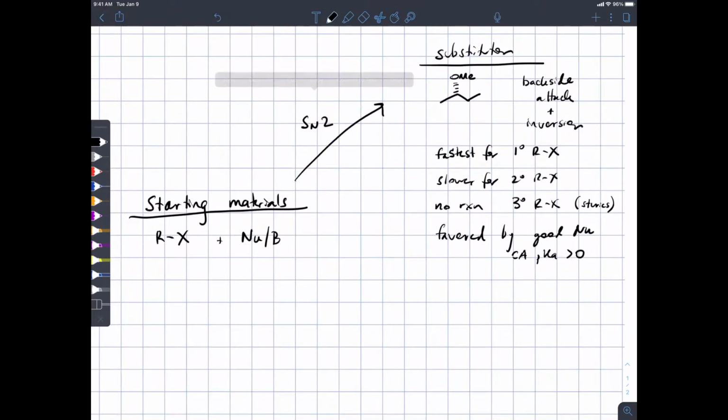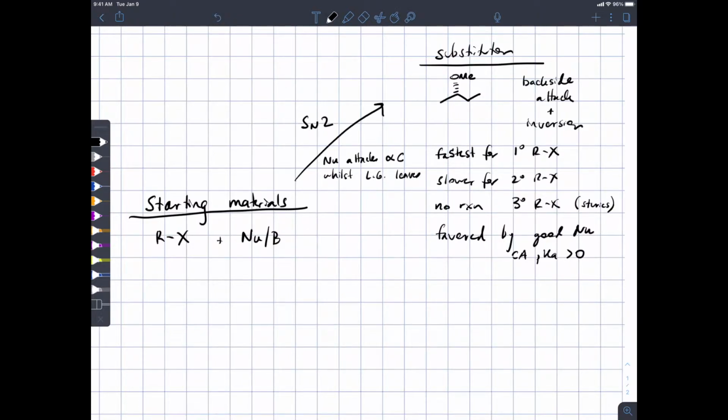Another thing to recall in the SN2 reaction is that the nucleophile attacks the alpha carbon while the leaving group leaves. All right.